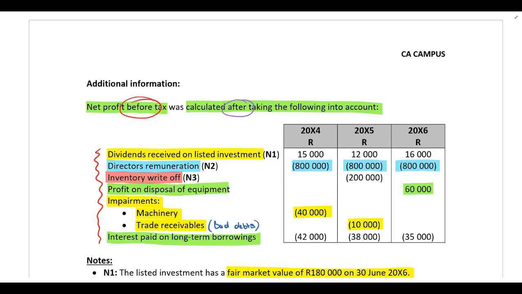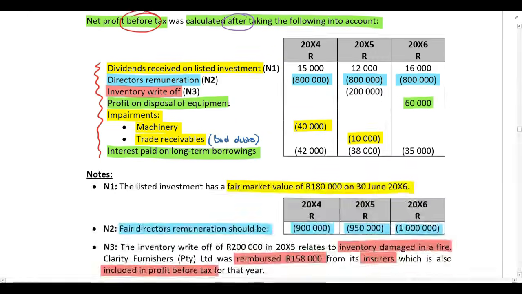So first, we were given dividends on a listed investment, and in note 1 we were told that the listed investment has a fair market value of 180,000 Rand on the 30th of June 20x6. Now please note, the listed investment is not an operating asset.